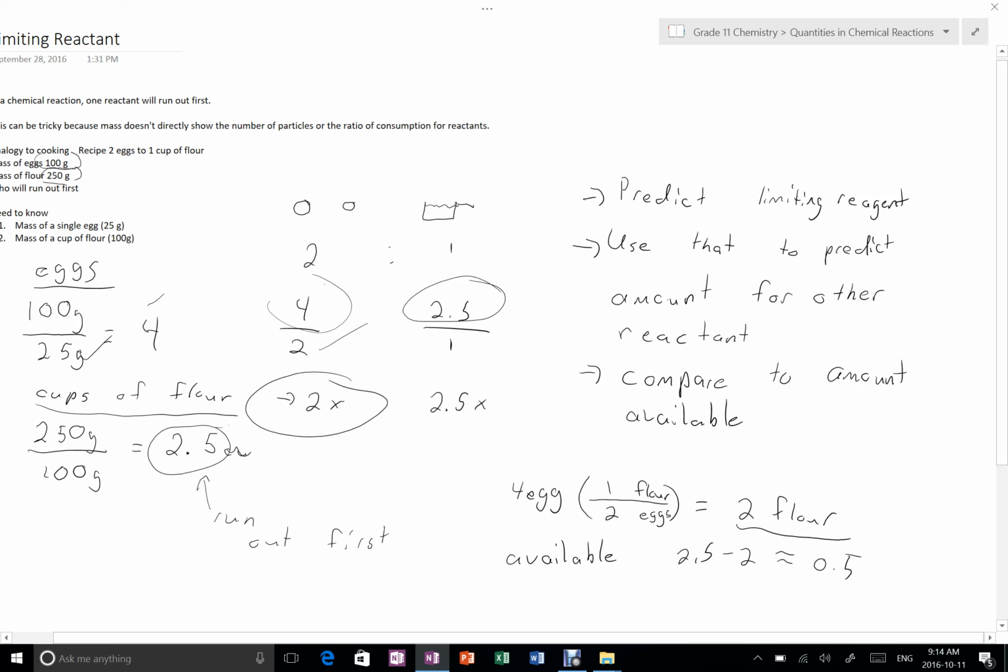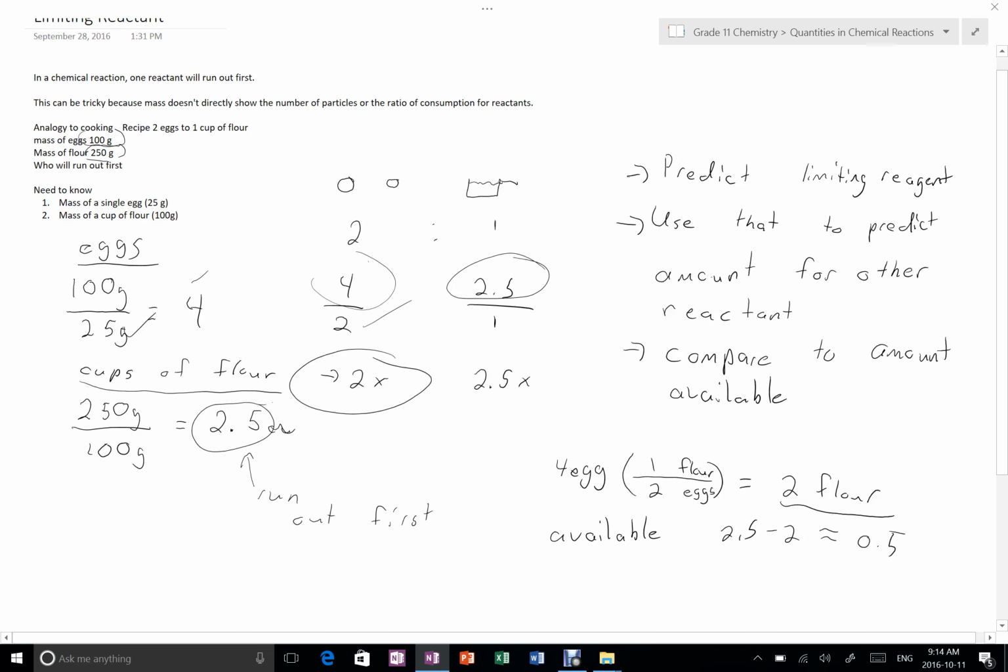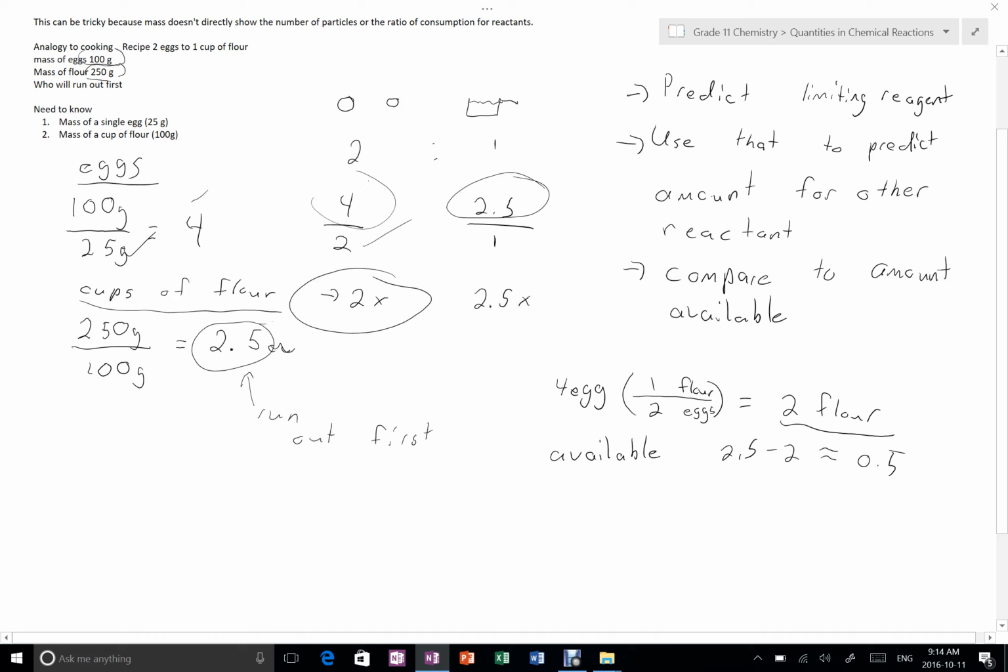The thing that runs out first is called the limiting reagent. The thing that's left over when the reaction finishes, like the flour in this case, is sometimes called the excess reagent.